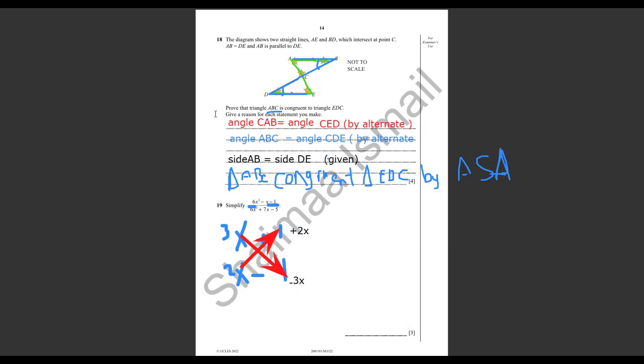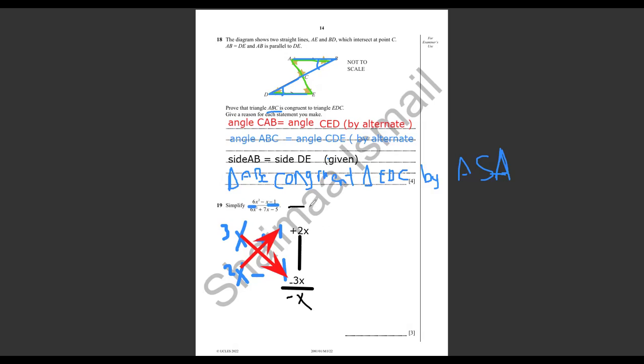If we add them together, it gives us 2 minus 3 equal to negative x. x is the middle number.